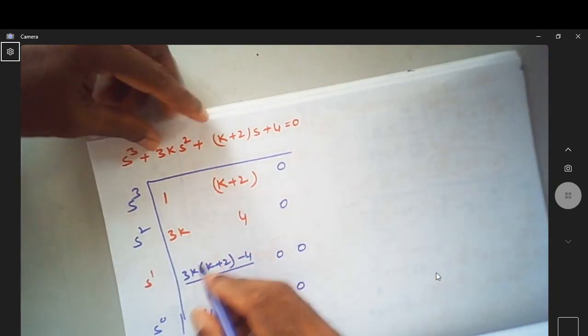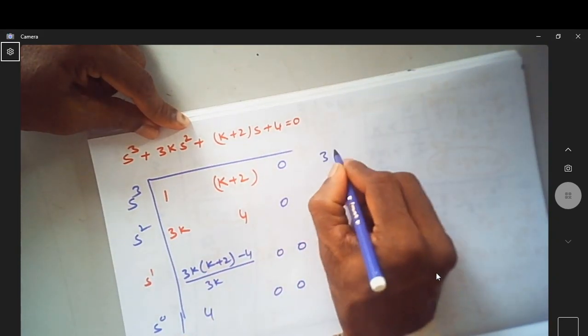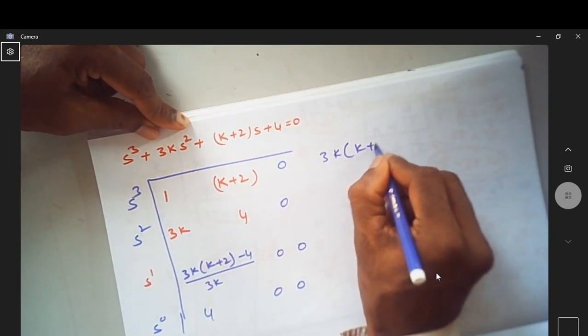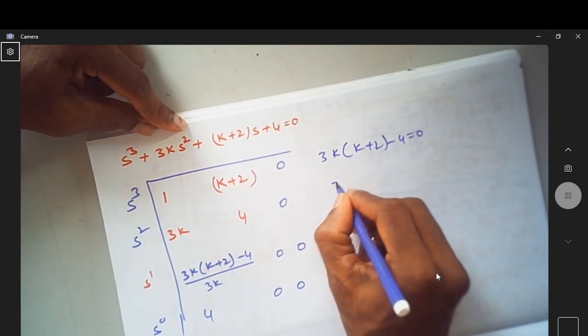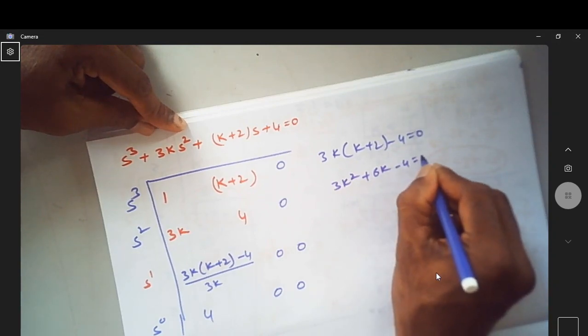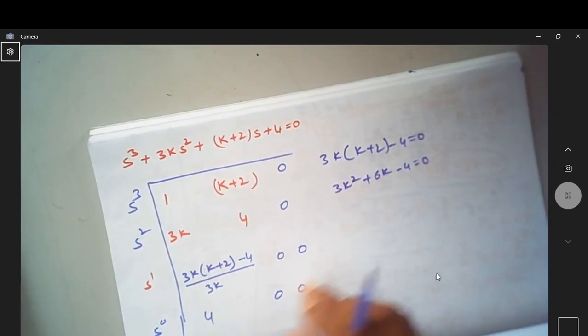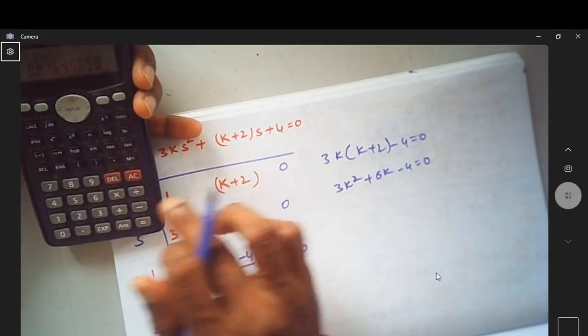Now we have to find out 3k into k plus 2 minus 4 is equal to 0. When does this become 0? Is it not 3k square plus 6k minus 4 is equal to 0? Let us find the roots of this, for what positive values of k this will become 0.